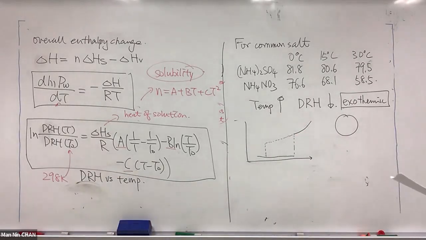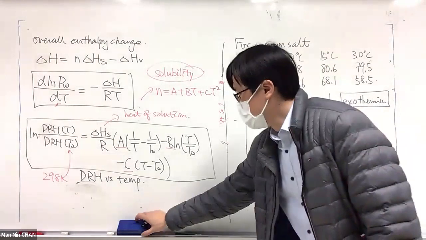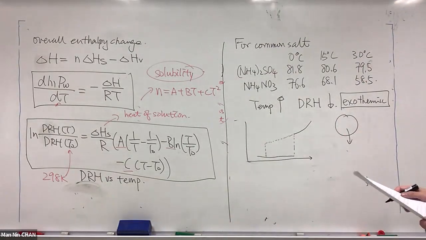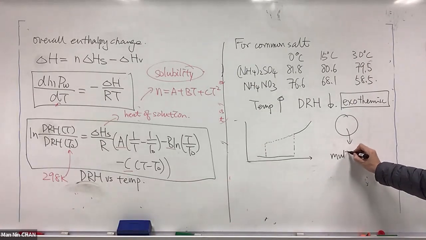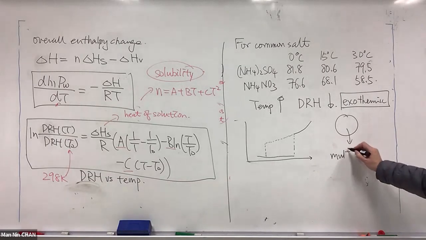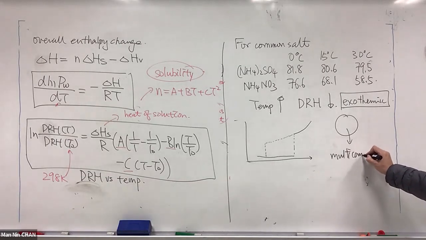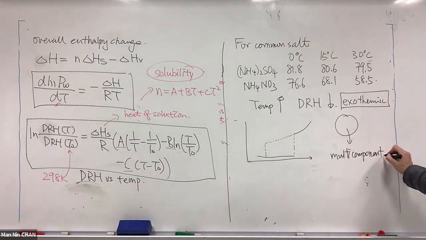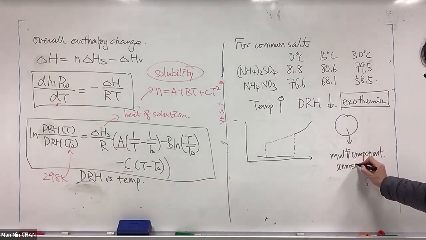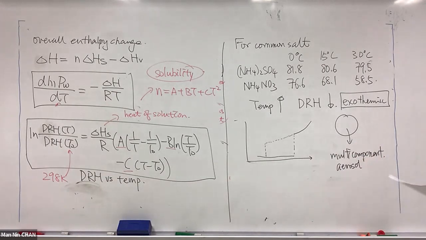Okay. So one thing we want to say: if you have multiple components, that means you can have more than one species in your aerosol, a multiple component aerosol. So we want to look at what the deliquescence change would be.